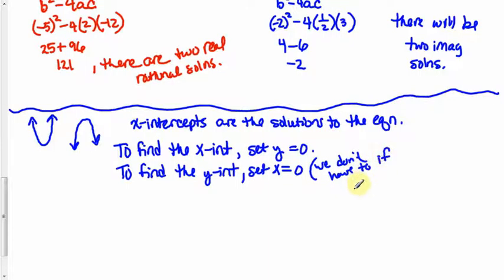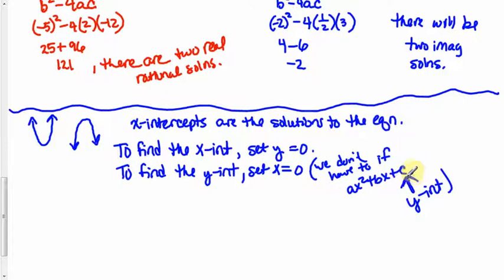If the equation is written in ax squared plus bx plus c form, if it's in that form, the y-intercept is always the c. Now that should make sense to you, because if you put 0 in here and here, those would go away, and the c would be all that would be left.